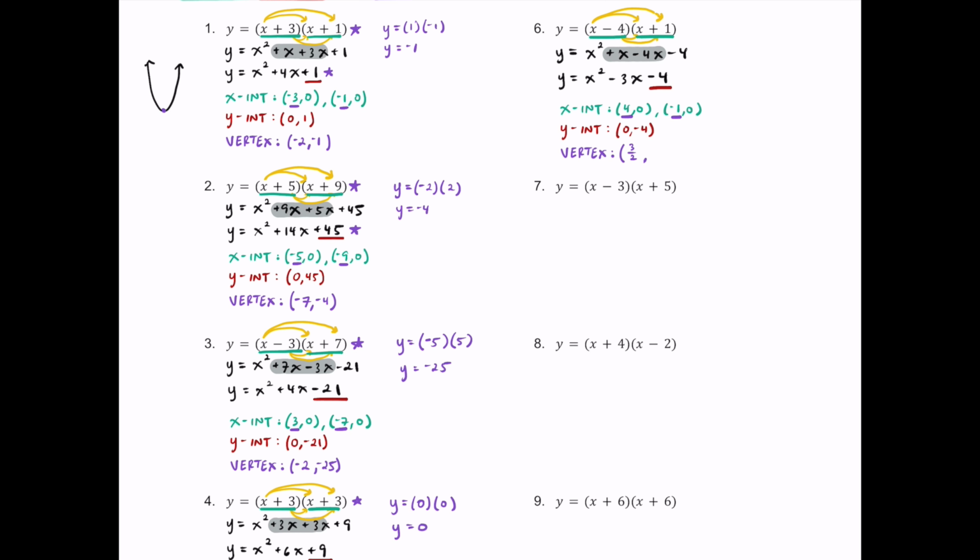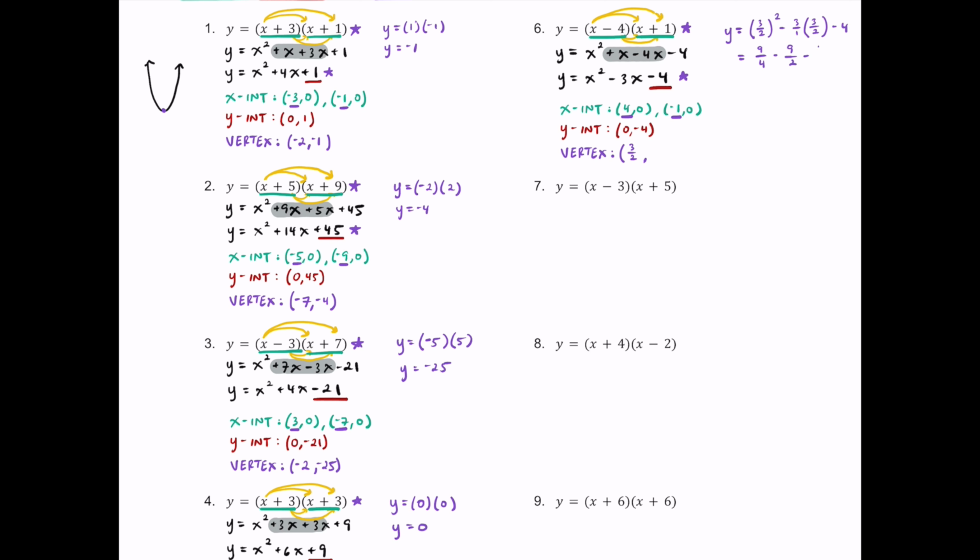And so if we take 3 over 2, we have to plug it into either this factored form here, or we can plug it into this standard form here. And I don't think I've tried using standard form yet, so I'll go ahead and show you that. So y would equal 3 over 2 squared minus 3 times 3 over 2, and then minus 4. So 3 over 2 squared would be 9 over 4 minus, and then this is going to be 9 over 2.